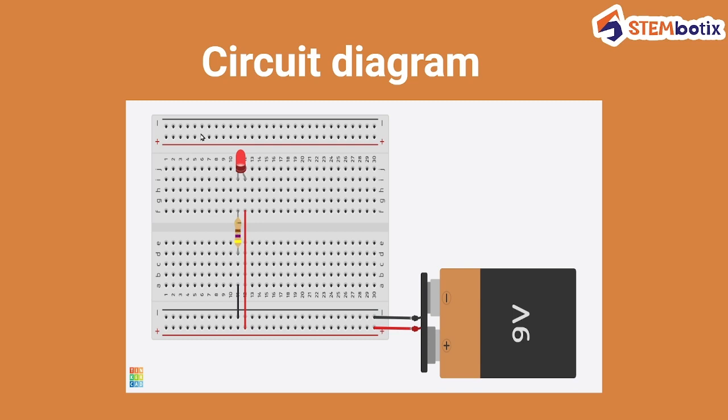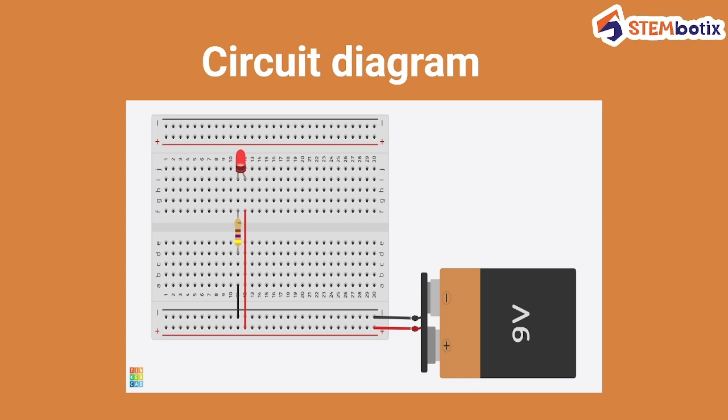Now place the LED onto the breadboard, something like this. This is the anode and this is the cathode. Let's see how you can differentiate between anode and cathode.